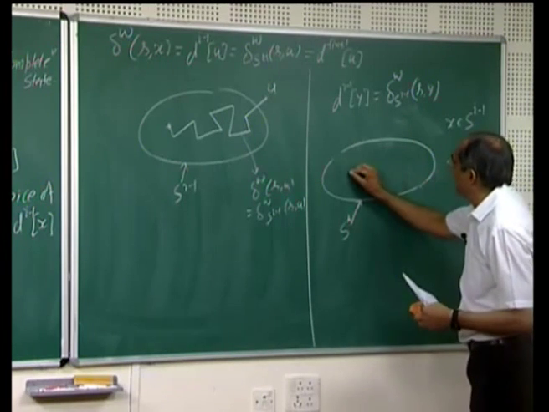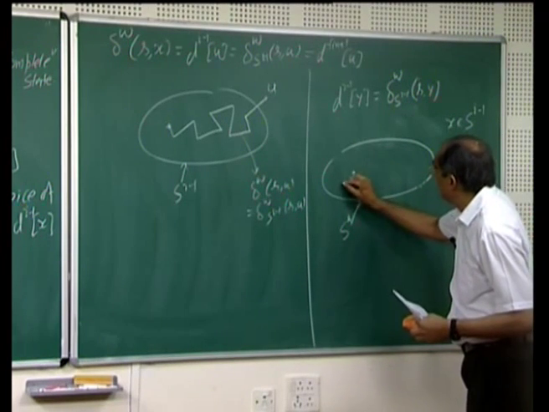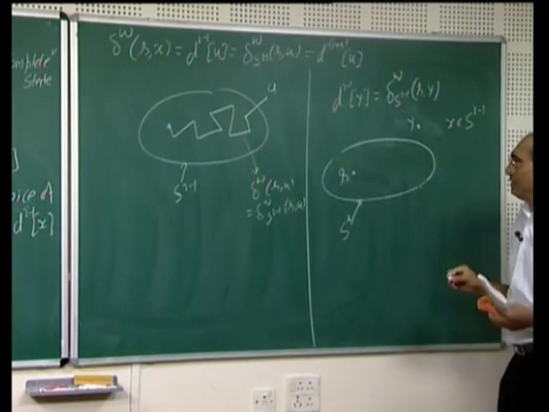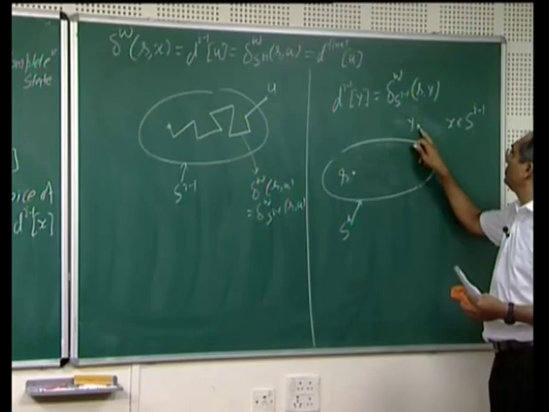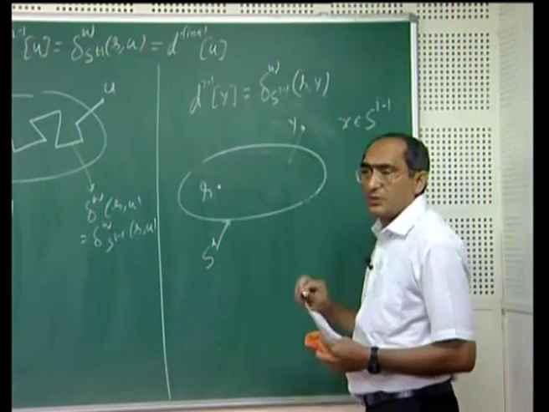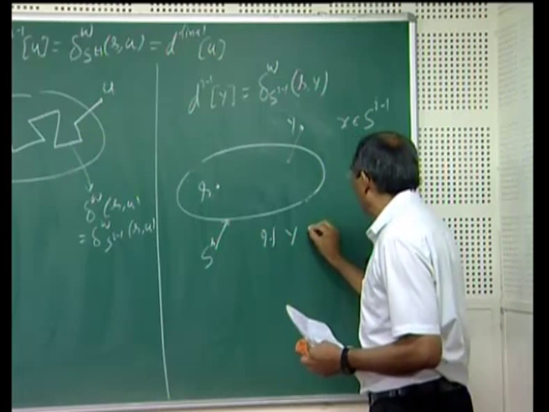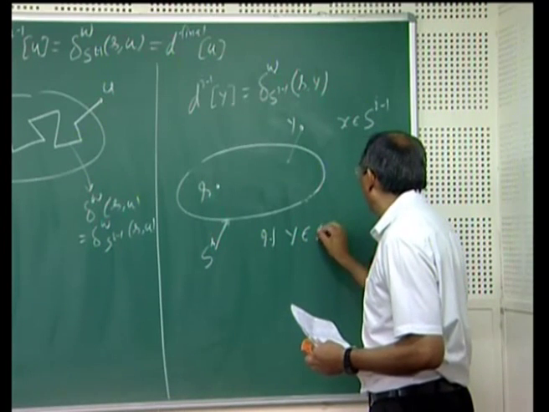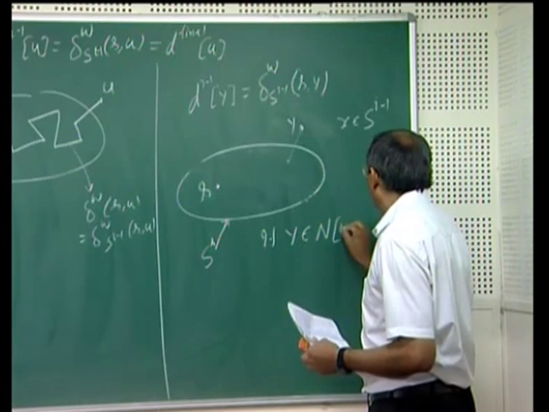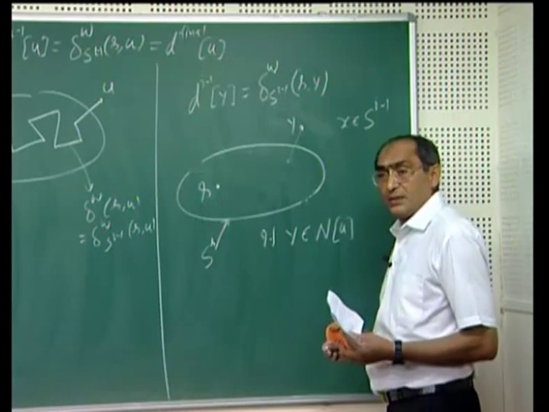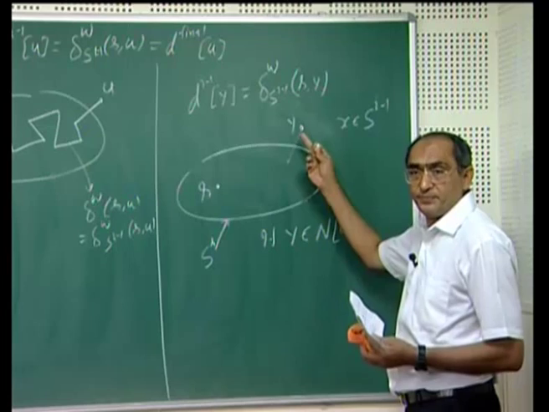Here, this is S, this is y. If y is not incident on u, that is, if y is not in the neighborhood of u, where N(u) denotes all the neighbors of u, then there is no such path.